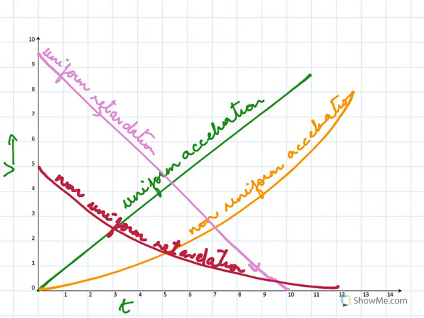So we learned 4 kinds of graphs of acceleration. One is uniform acceleration, which is the green one, where the body increases velocity uniformly. The yellow one is non-uniform acceleration, where velocity increases, but in a non-uniform manner.